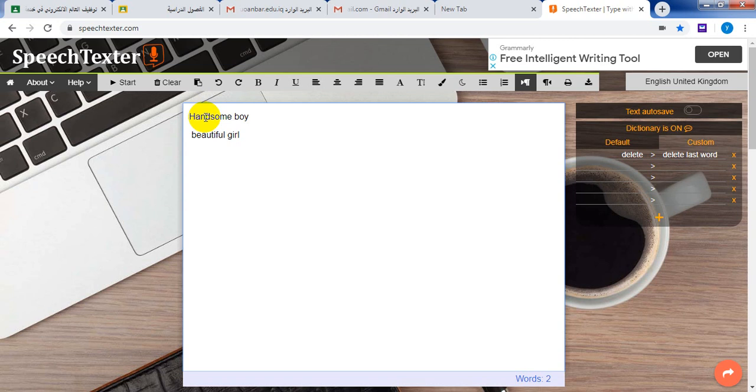Why not handsome girl or beautiful boy? No. We have what's called grammatical gender. It's different from natural gender, and actually this example explains what's meant by grammatical gender.